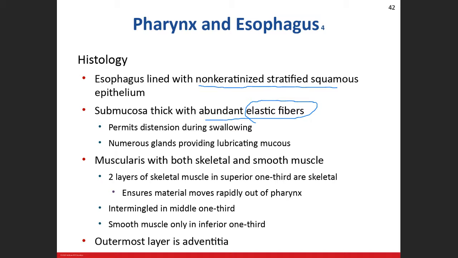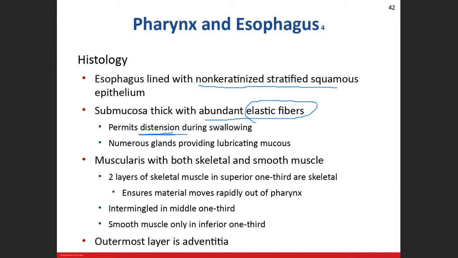But this also allows for the distension of the esophagus as food is traveling down through there. At the same time, we're going to see that this area of the esophagus is loaded with several glands, one producing lubrication secretions to help ease the passage of food as it's traveling from the pharynx down into the esophagus.